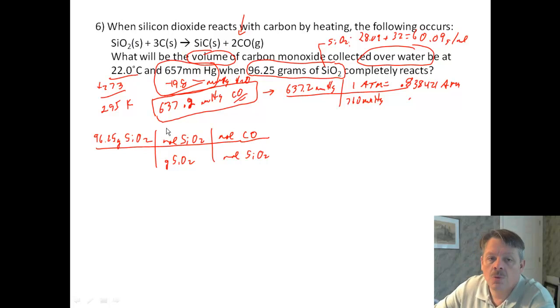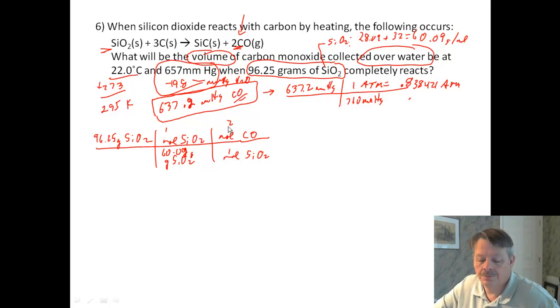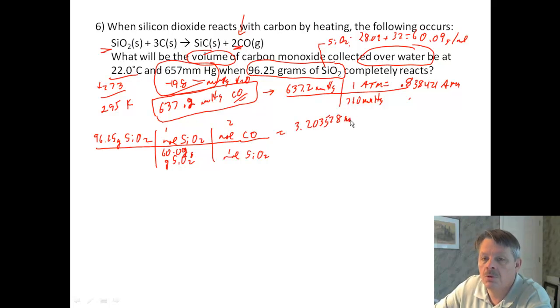We know that 1 mole of silicon dioxide weighs 60.09 grams. And silicon dioxide is 1 and carbon monoxide is 2. So that's a 1-to-2 ratio. So when I do that math, I come up with 3.203528 moles of carbon monoxide.